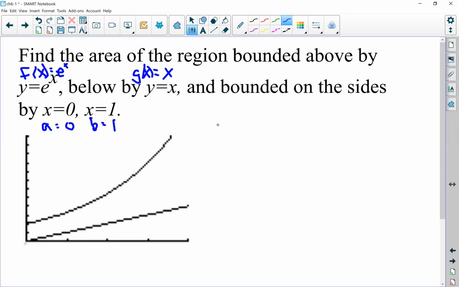So we're going to take the integral from 0 to 1 of e to the x minus x dx.